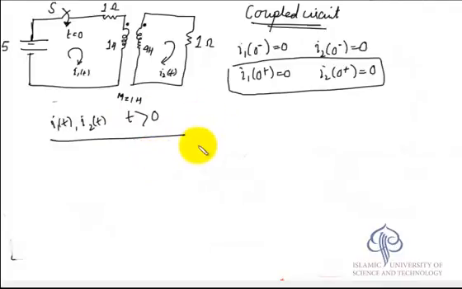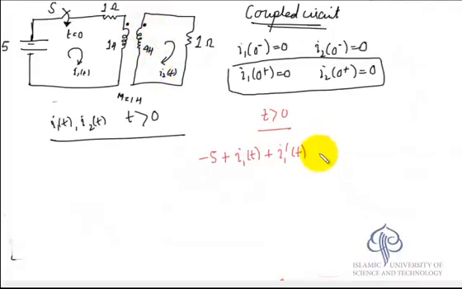The method is similar, the approach is similar. We'll write down the differential equations for the primary side. For t greater than 0, we can write down minus 5 plus 1 into I1(t), because this is the resistance, plus another 1 into I1'(t), plus, because of the mutual inductance, the current I1(t) is flowing into the dot and the current I2(t) is flowing out of the dot.